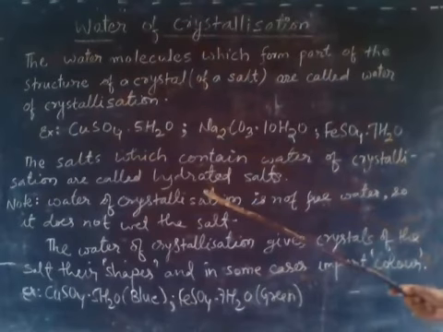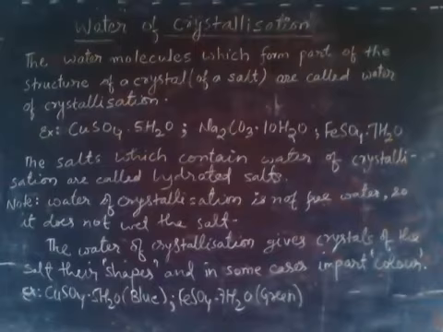Now, we have to notice one thing, that it is not plus 7H2O, it is dot 7H2O. When we write plus 7H2O, that means that the water molecule is free. And when the water molecule is free, it will be in the aqueous form, it will wet the salt.